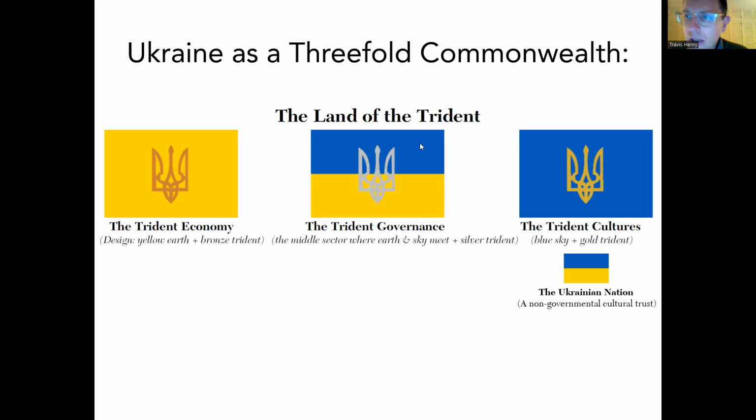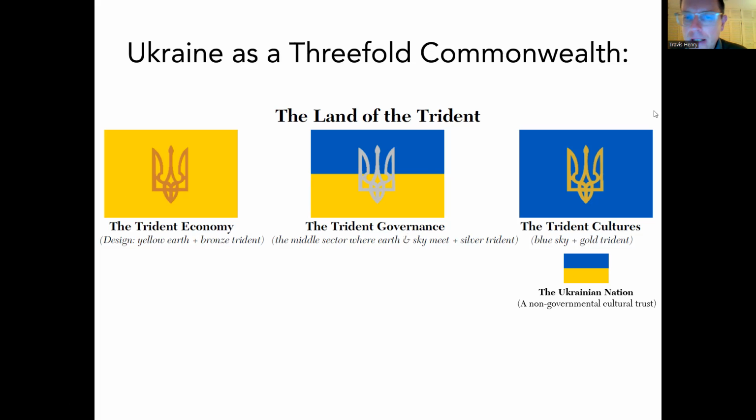Each of the sectors, each of the Commonwealths is independent, has their own flag. Here's the Ukrainian economy on the left, the Ukrainian governance in the middle, and the Ukrainian cultural council on the right. And this symbology is just an example. Of course, Ukrainian people and Ukrainian leadership would design their own threefold flags, but this may help people picture it at least.